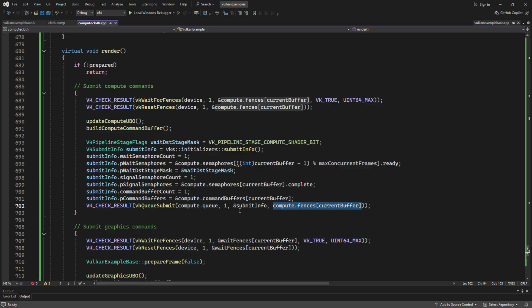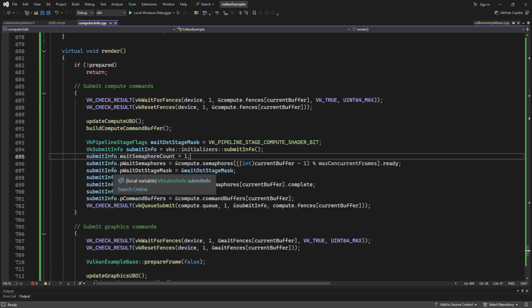Notice that the semaphore, though, is sort of wrapped up into the submit info. So all of this right here is submit info, right? Notice that the semaphore stuff, the wait and the signal and all that stuff, is collapsed into the submit info. That makes sense because as far as the CPU is concerned, the CPU is going to prioritize its business first, right?